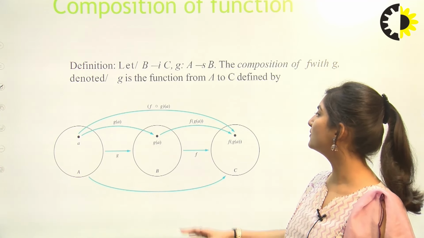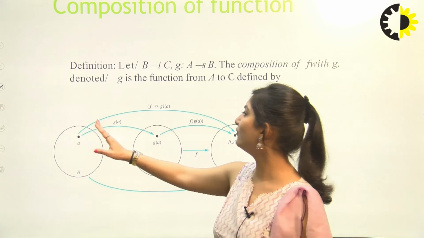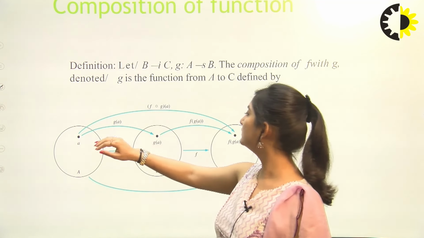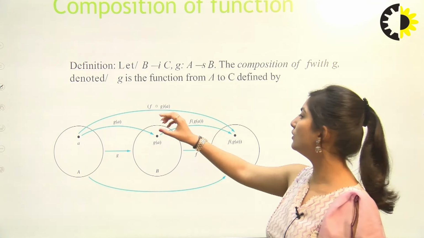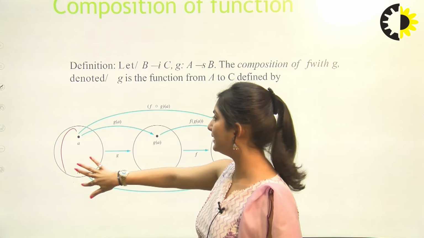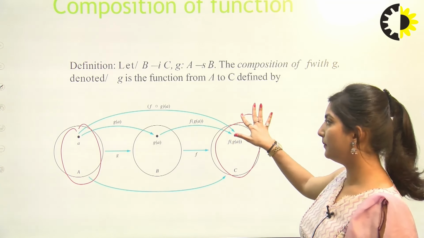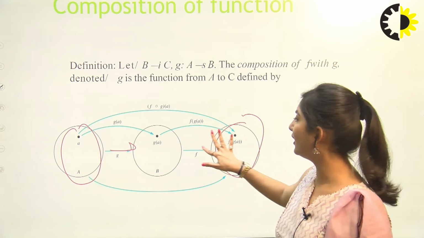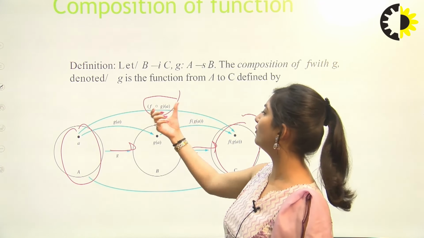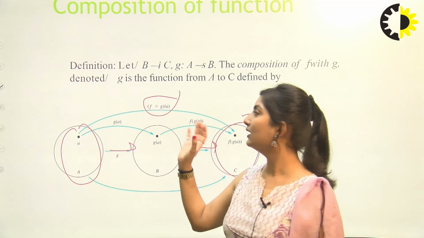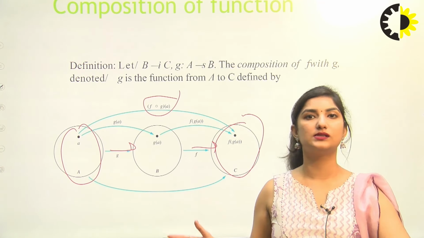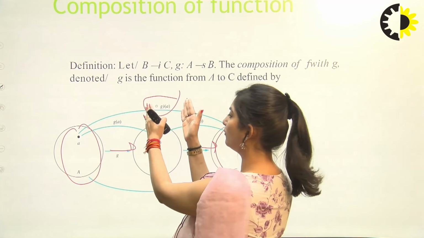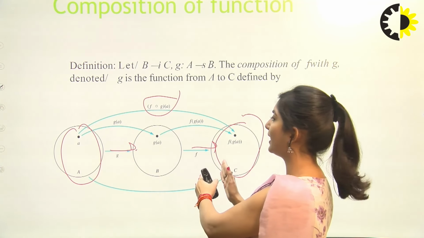Then composition of functions. So here you have A, this is your function G and this is your function F. So you have this set A, you have this set B, G here, F here, then you call this as fog of A. So it is in contrary, fog में हमें लगेगा F is first, G is second, no. But when we talk about fog of A, it means G is first and F is second.